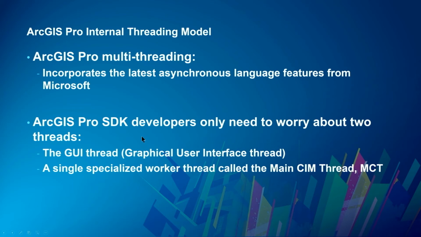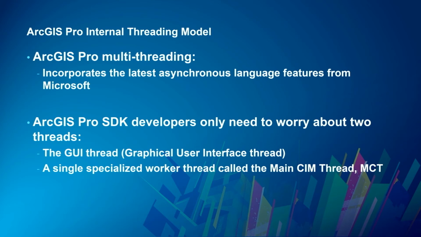So the ArcGIS Pro SDK developer only needs to worry about 2 threads. You need to worry about the graphical user interface thread, the GUI thread that's in the foreground where it responds to your UI. And then there is a single specialized worker thread called the main CIM thread. CIM stands for the Cartographic Information Model.